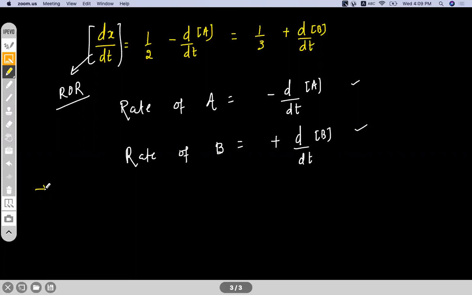Before that, just one general expression I'll write down. Suppose we have a reaction aA + bB gives cC + dD. Those who were there in the last class have already written it.